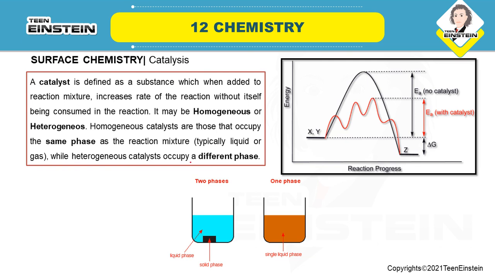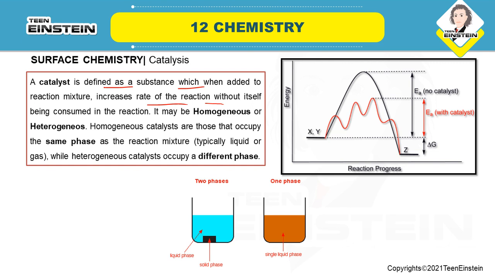Catalysis. We have to know what catalysis is, and after that we will see that there are two types of catalysis possible. A catalyst is defined as a substance which, when added to a reaction mixture, increases the rate of the reaction, but the catalyst itself is not consumed in the reaction.